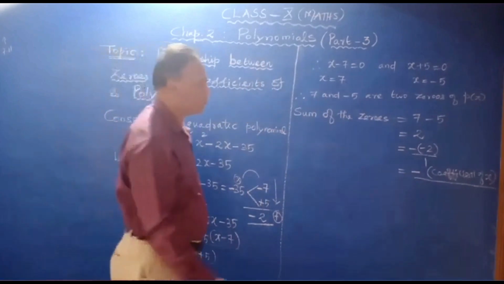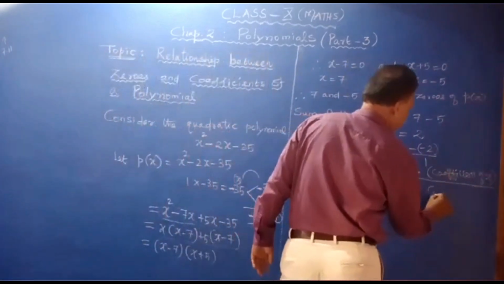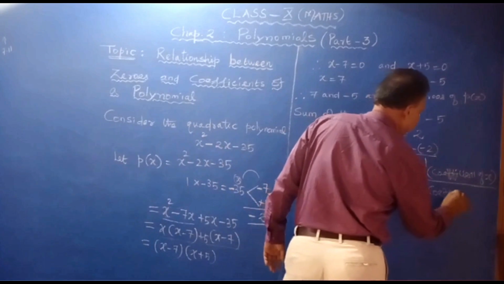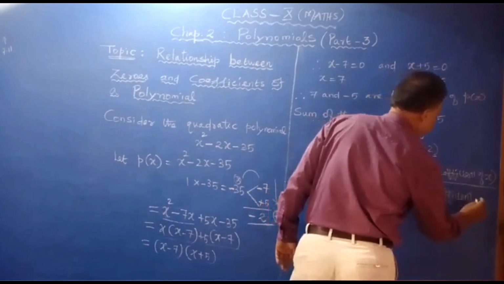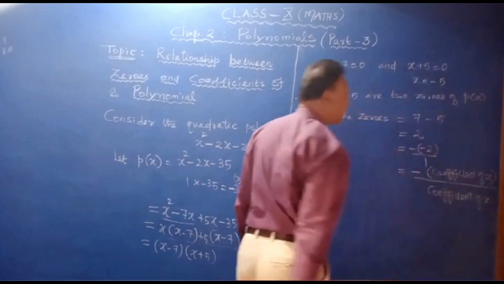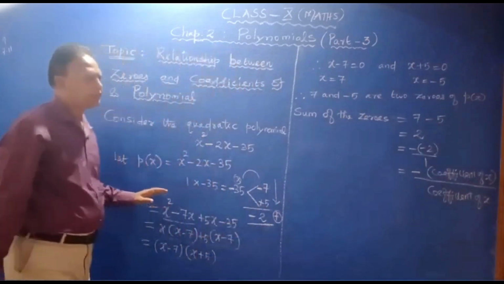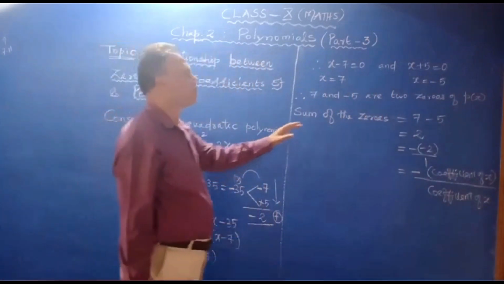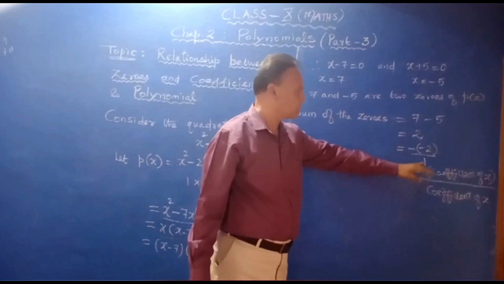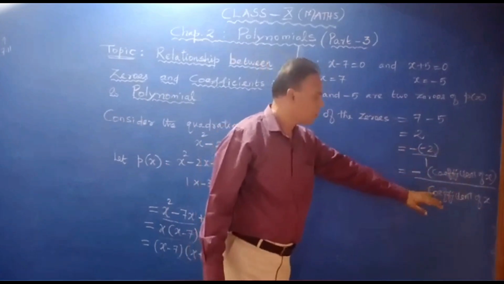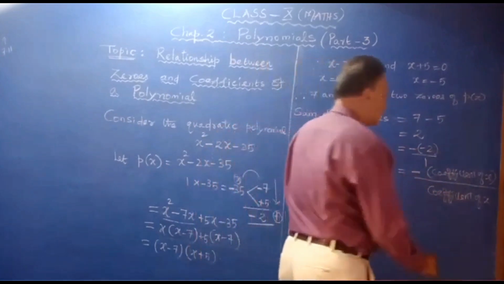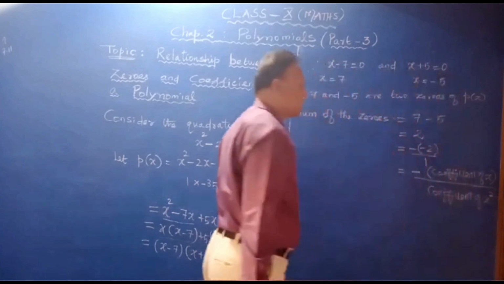So always, the sum of the zeros is minus the coefficient of x divided by the coefficient of x squared. Clear?